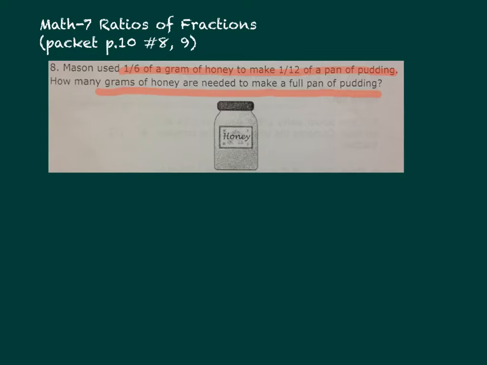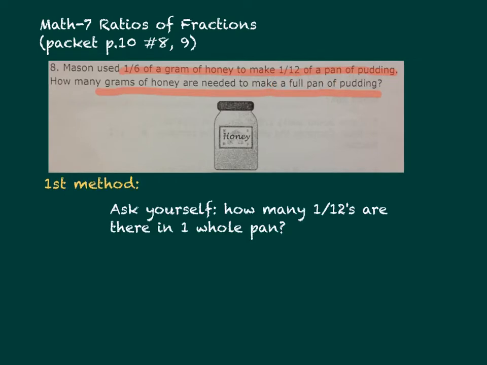You're asking yourself, the information you're given here says that's 1/12 of a pan of pudding. So how many 1/12s does it take to make one full pan? Okay, so you know that there are 12 1/12s in one whole. So let me write down.